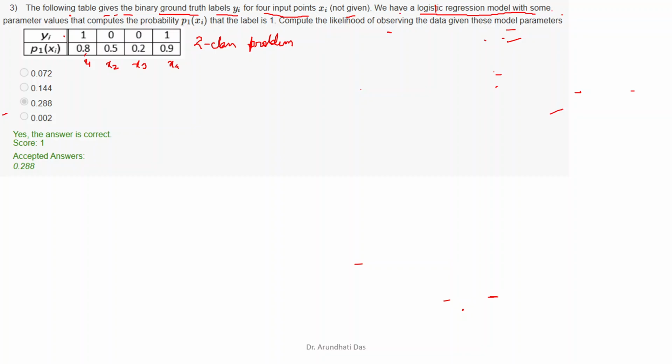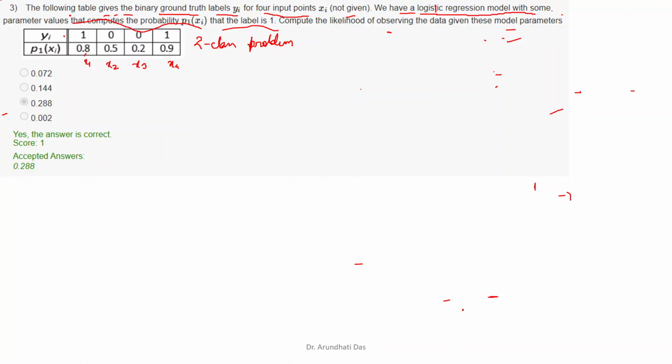Basically, the probability value which is given is the probability that the label is 1.